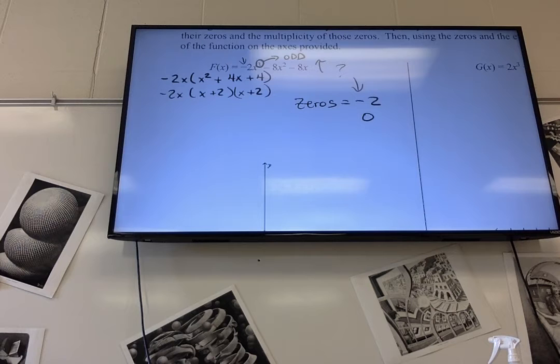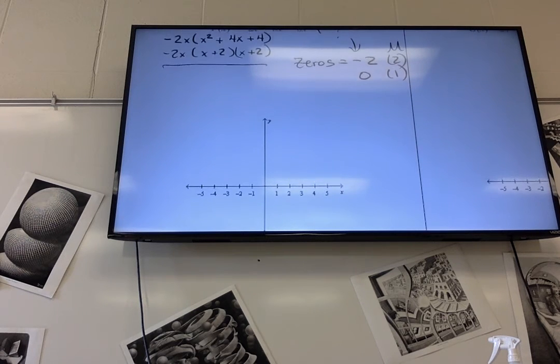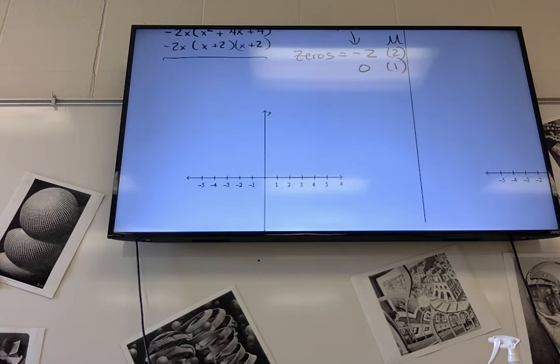Now look at these. What about multiplicity? Do any of them occur more than once? Yes, the -2 does. So that means it has a multiplicity of 2, and that one has a multiplicity of 1. Notice if you add those, I get 3, which I should. So we have zeros at -2 and at 0.